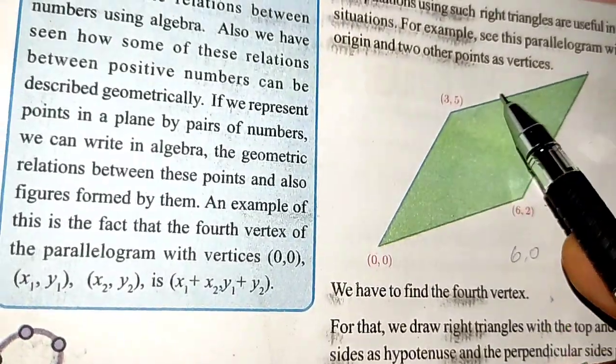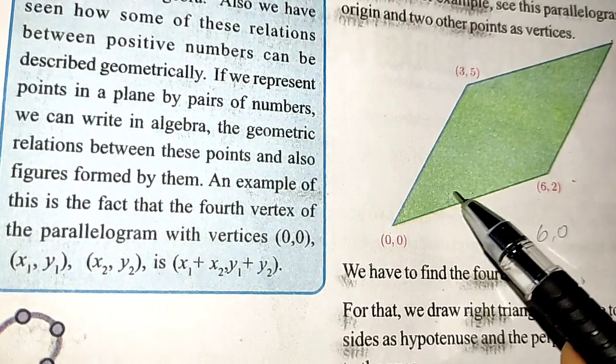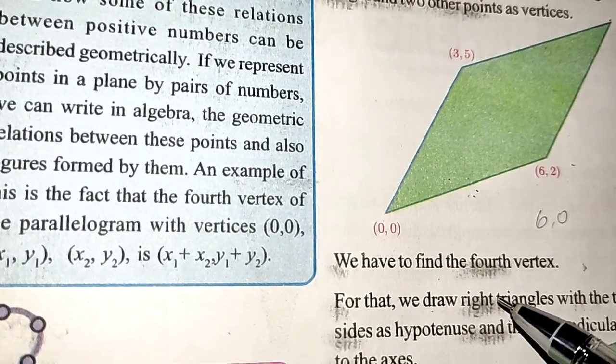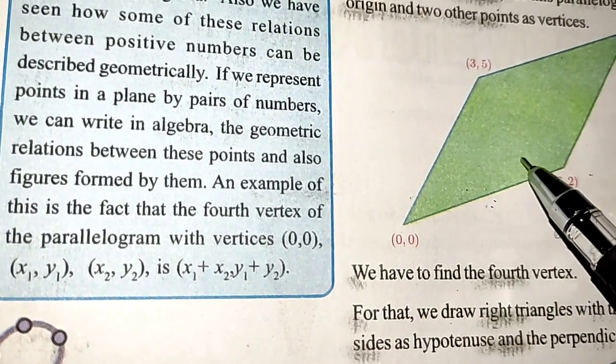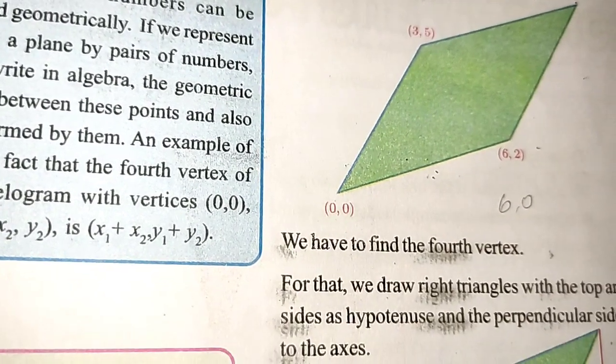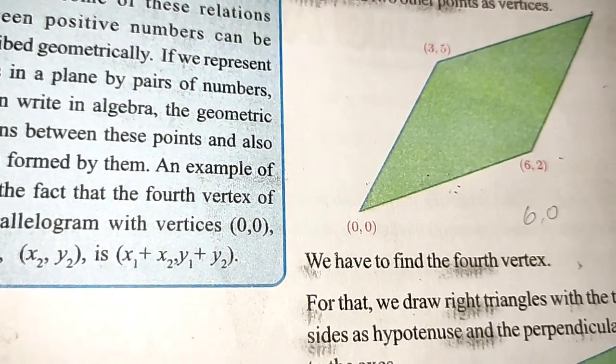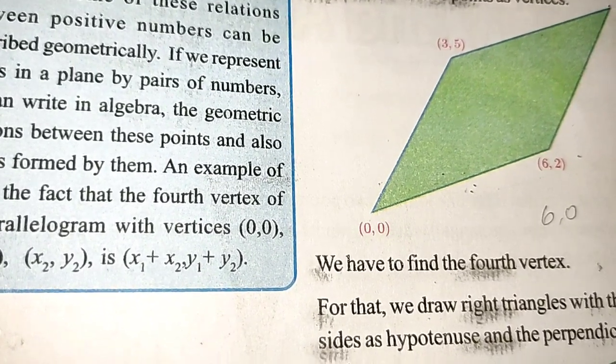In a parallelogram the opposite sides are equal and parallel, opposite angles are equal, and the diagonals bisect each other. Do you remember all these things? Yes, from 8th standard itself we know all these things.